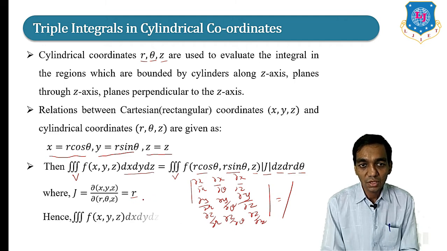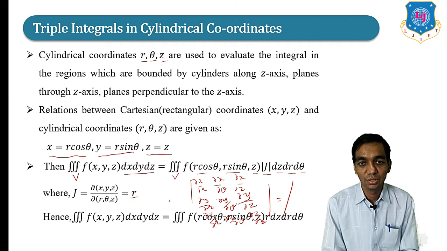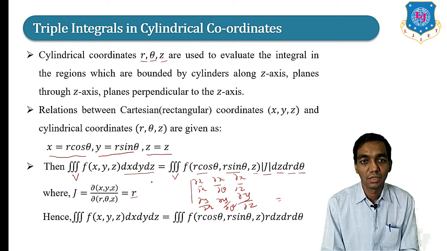Okay. So your double integration is going to be reduced in the form of double integration, where |J| is going to be basically r, correct?